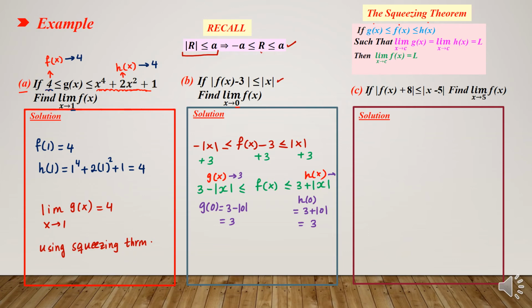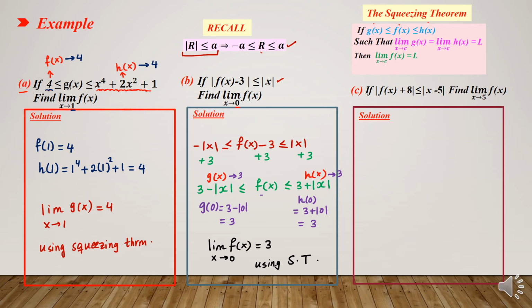So h of x goes to 3 as x goes to 0. And since f of x is between these two functions, this means that the limit of f of x when x goes to 0 equals 3 using the squeeze theorem.